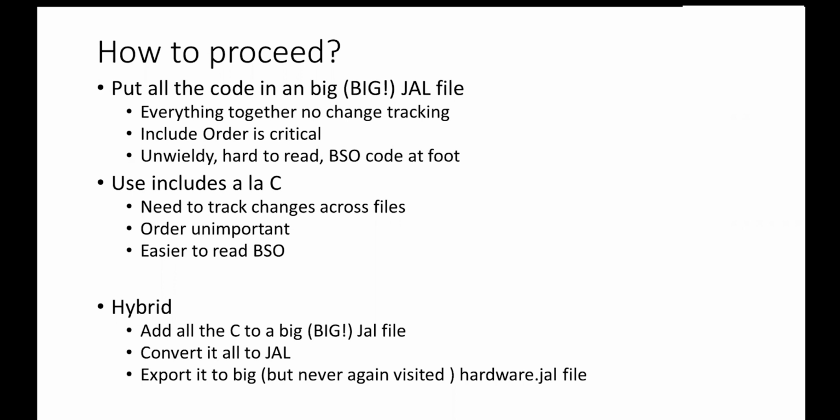What I tend to do, and I've now done this many, many times, is I bring all the stuff into one great big file, I convert it, make it into JAL, and then I take the great big block of JAL and cut it and paste it into its own file called hardware.jal. And the hardware.jal contains all the garbage to do with the hardware, and I'm left with a little empty JAL file inside which I put my railway modelling type code. So that's what I'm going to do.